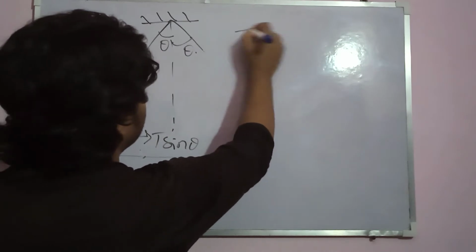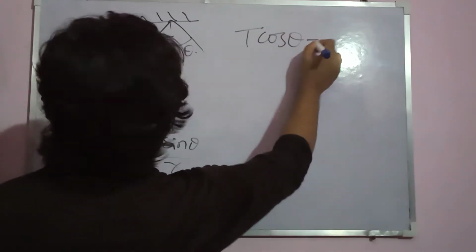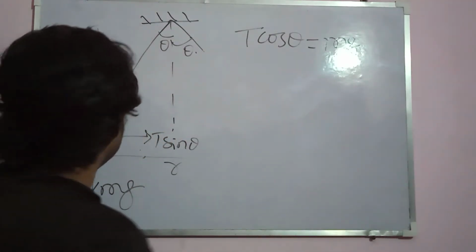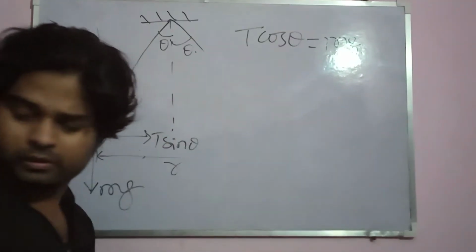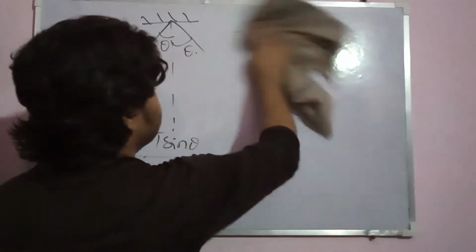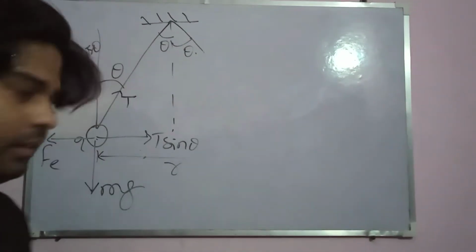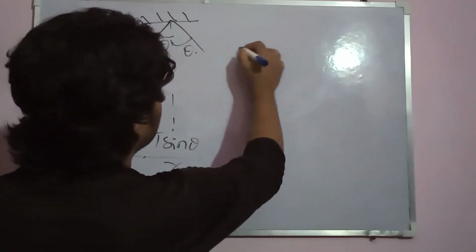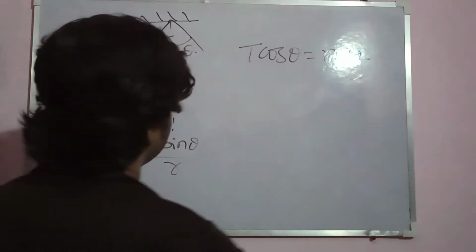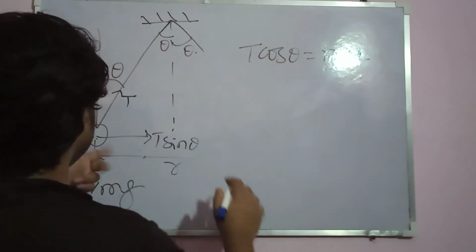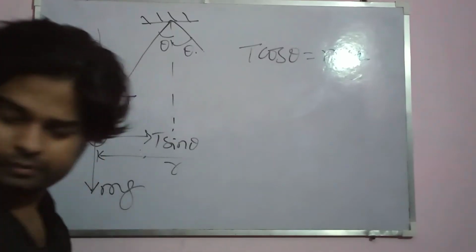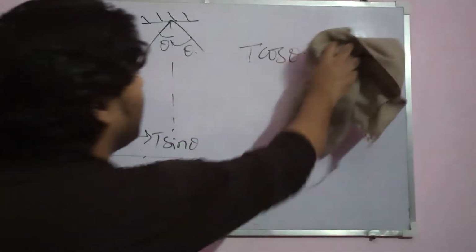T cos theta is equal to mg under the balancing condition.